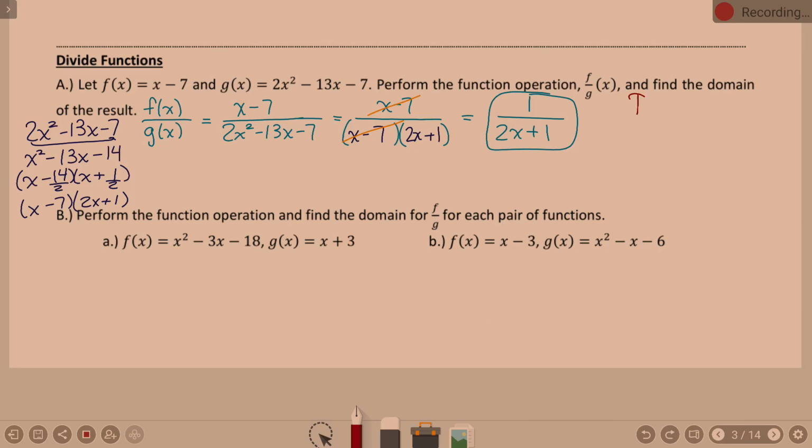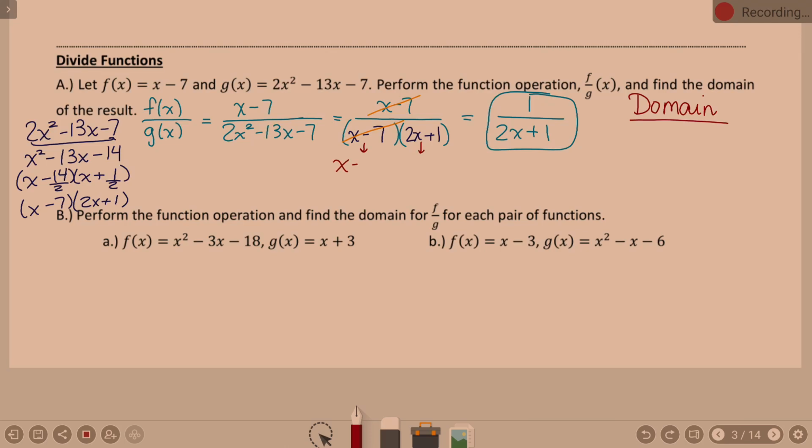Domain. In terms of f and g, you can plug in anything you want to, right? All real numbers, except we created a denominator here, didn't we? Denominators can never equal 0. Do you remember finding restrictions? Oh, I knew that one.